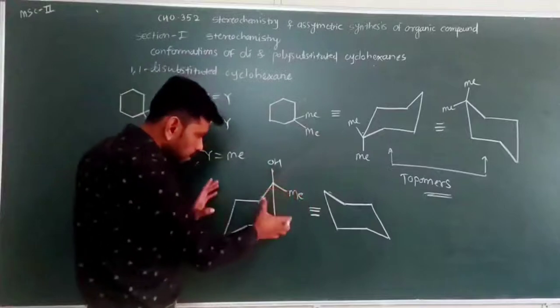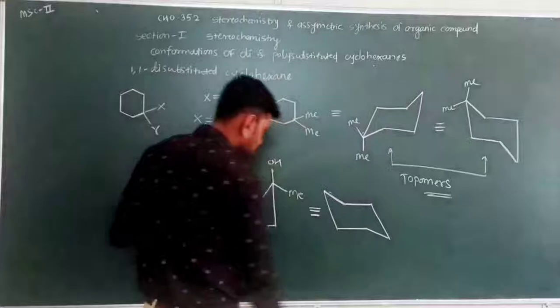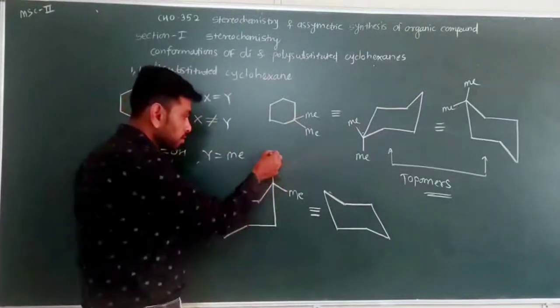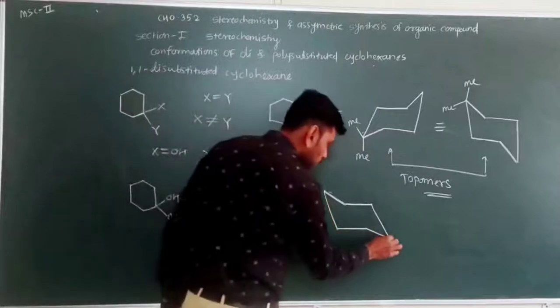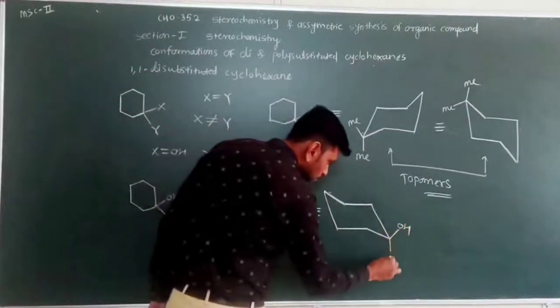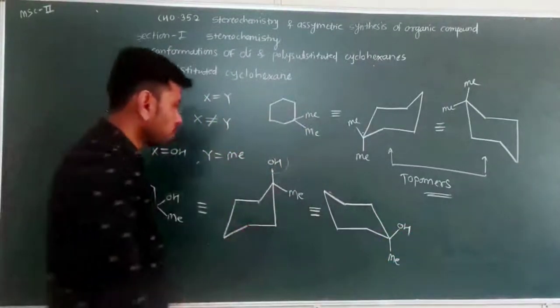When this ring flips, this carbon is at this position where the OH group is at the up position. So the OH group is at the up position and the methyl group is at the down position. So the methyl group is here at the down position.